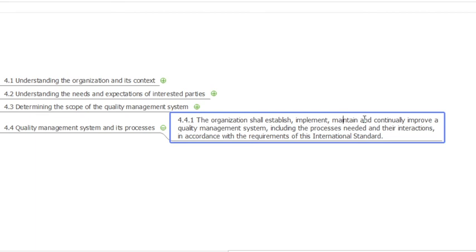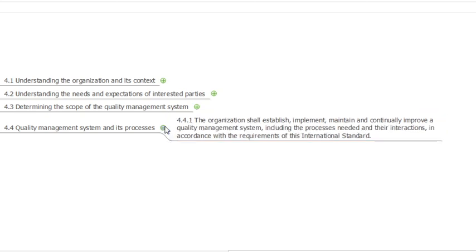We have to identify all the business processes and mention them in the quality manual, including the processes needed and their interaction. It means we have to make a process flow chart in accordance with the ISO standard.